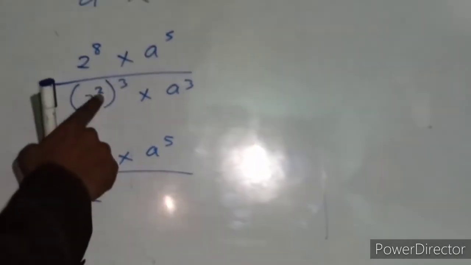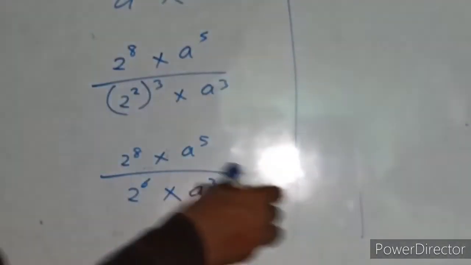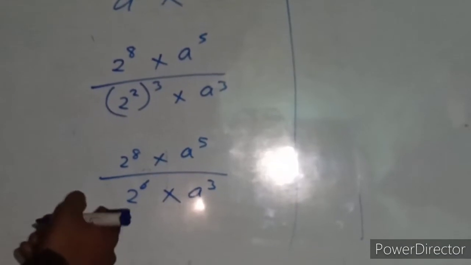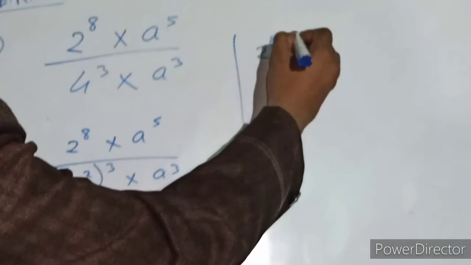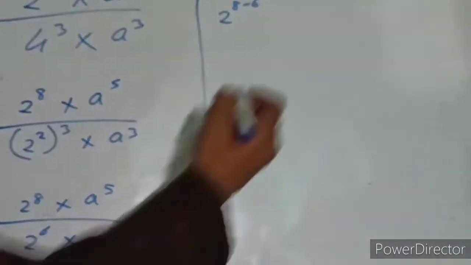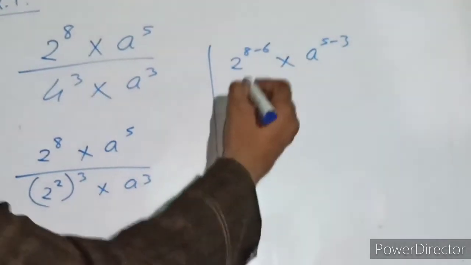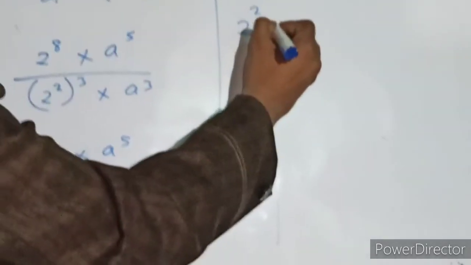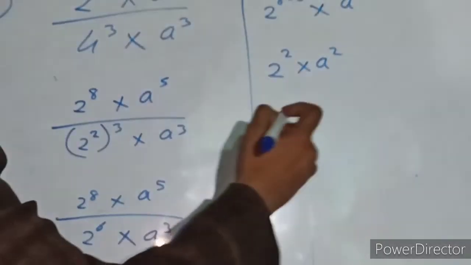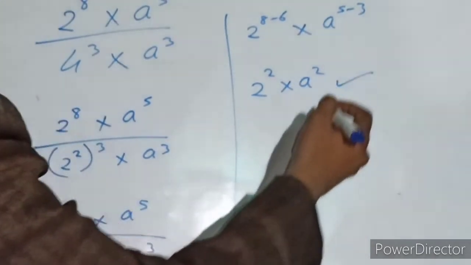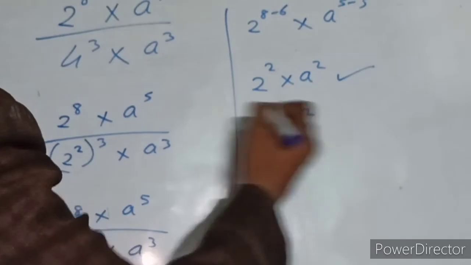Now multiply the powers. 2 3s are 6, and a raised to the power 3. Now just subtract the powers since they are in divisional form. So 8 minus 6, into 5 minus 3. 2 raised to the power 2 and a raised to the power 2. So this is the answer of this question, or we can also write it in this form: 2a whole square.